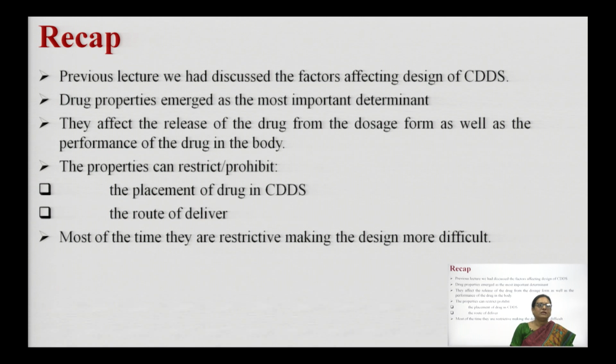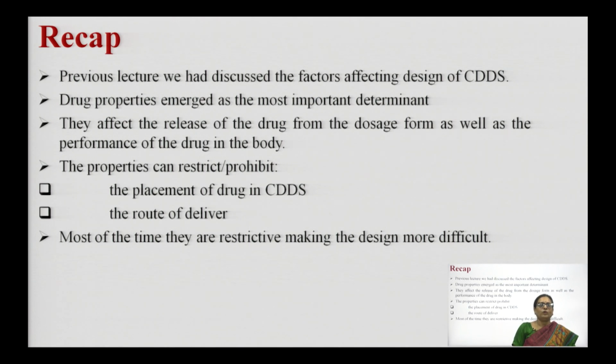The properties can restrict or prohibit the placement of the drug in controlled drug delivery systems or the route of delivery. Thus, most of the time they are restrictive, making the design even more difficult. Therefore, it becomes mandatory to explore these properties in detail.